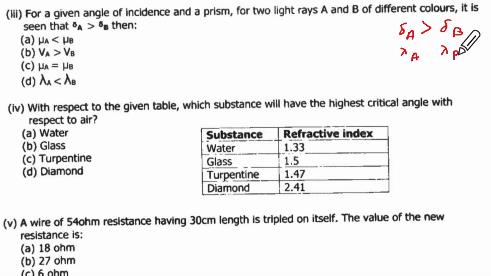Inversely proportional, correct? Tell now. Delta and lambda, how are they connected? The angle of deviation is inversely proportional to the wavelength, right? So it will be like this. Yes or no?